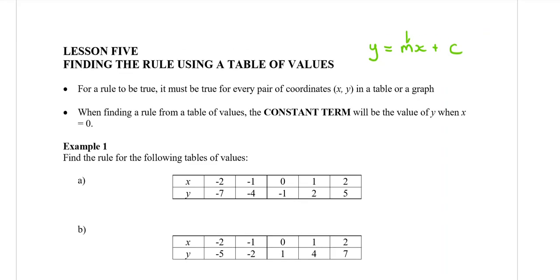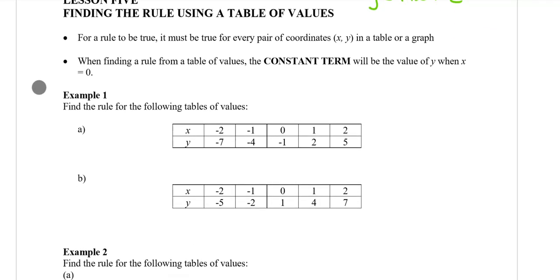The m is the gradient, and the c is the y-intercept. Now, if you have a table of values, you just need to find the gradient and the y-intercept, and then you can write your equation in that form.